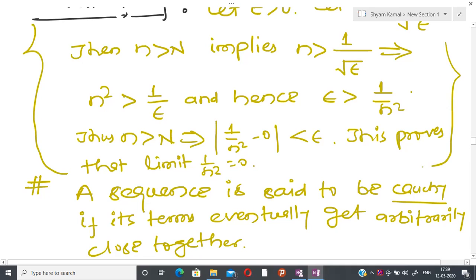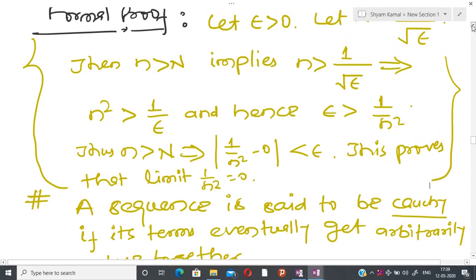And from here a second point is also clear: if you want to make this epsilon ball very small, then we have to select a very large value of N. So the same kind of thing comes into the picture, and the concept of limit we have already seen.